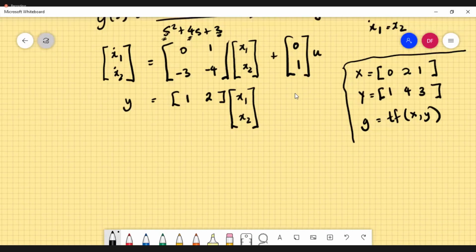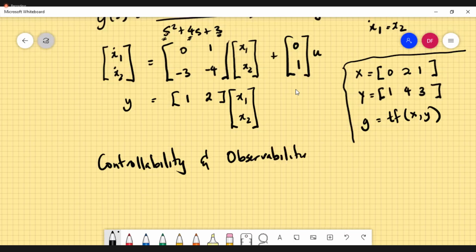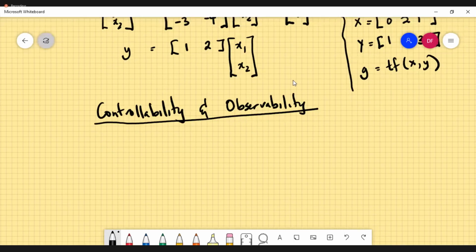All right, so we need to talk about controllability and observability. So let me put the definition.